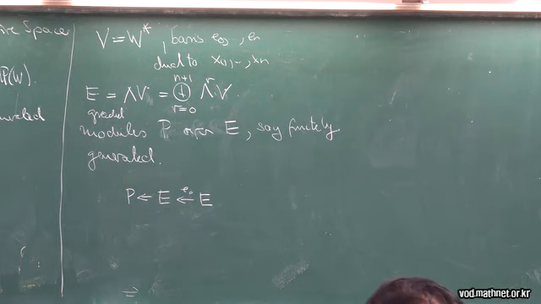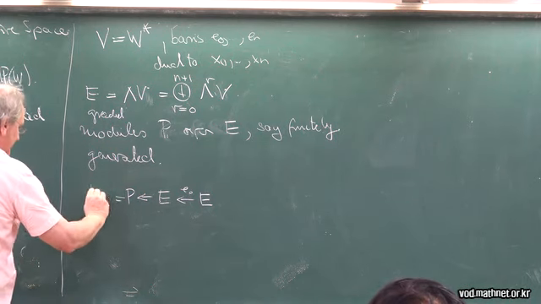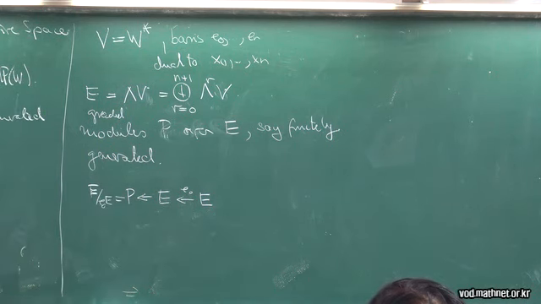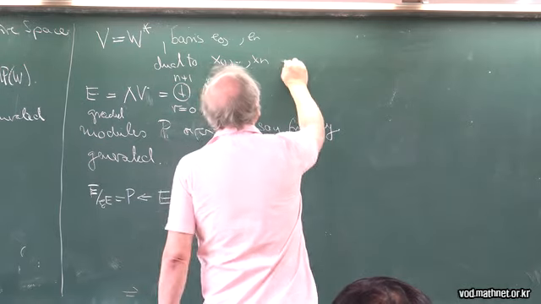So the module here really is E mod e0 E, right? And I should take a grading into account. Now, these here, they're in degree 1.